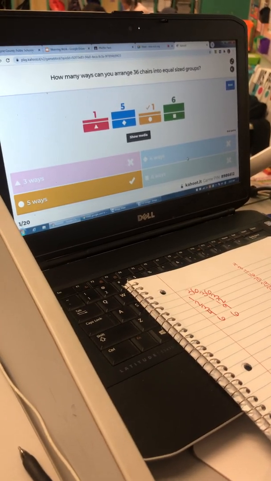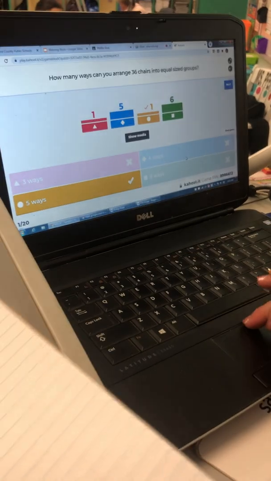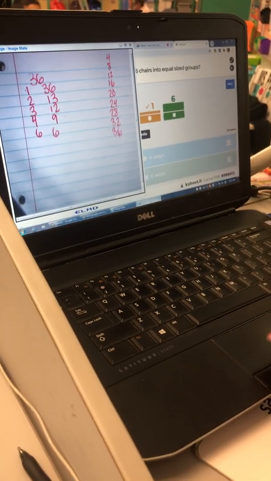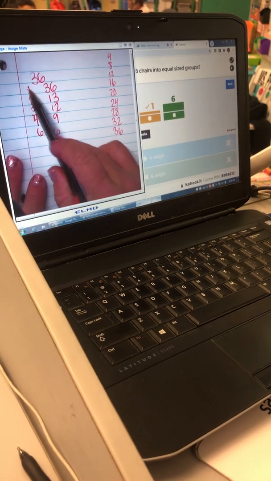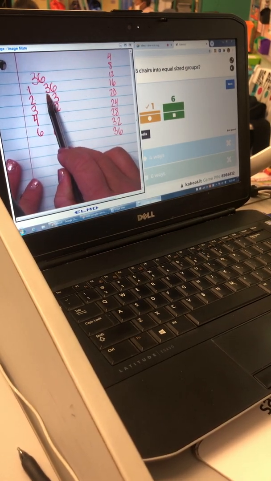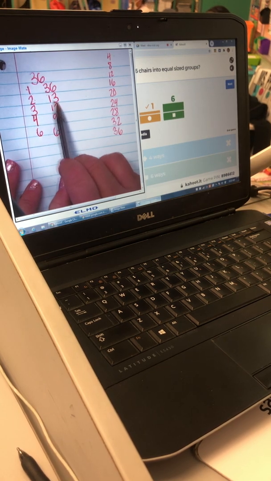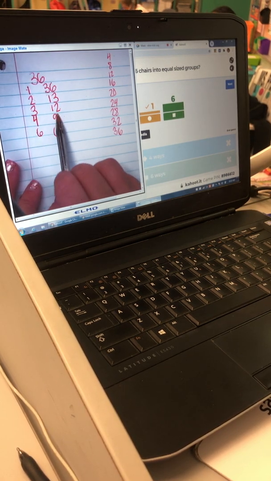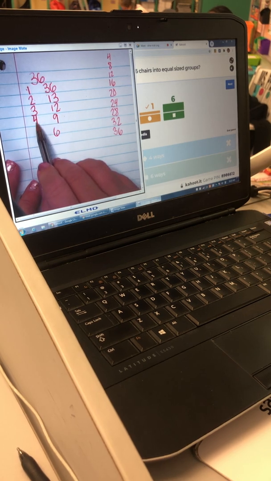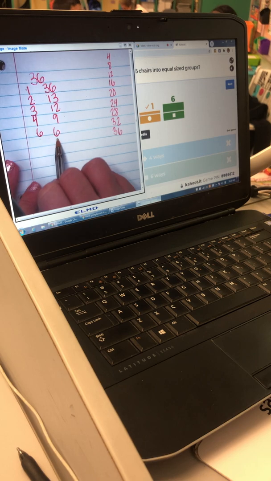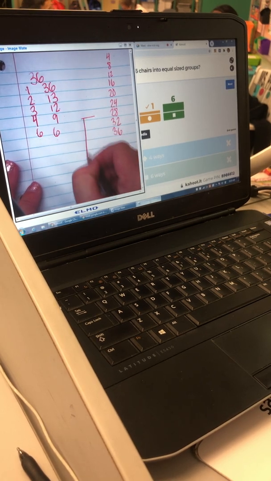Going back to my live screen, we can arrange them as 1 row of 36 chairs, 2 rows of 18 chairs, 3 rows of 12 chairs, 4 rows of 9 chairs, or 6 rows of 6 chairs. That would be like if I drew my arrays.